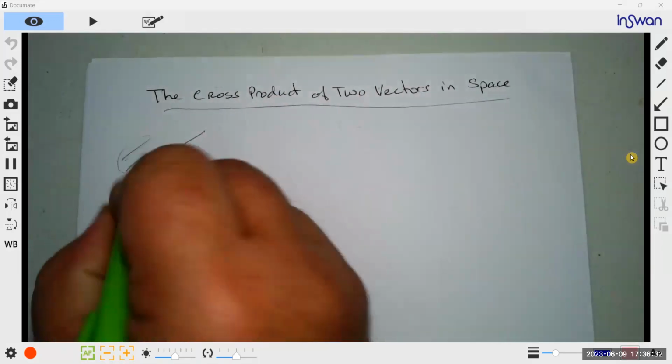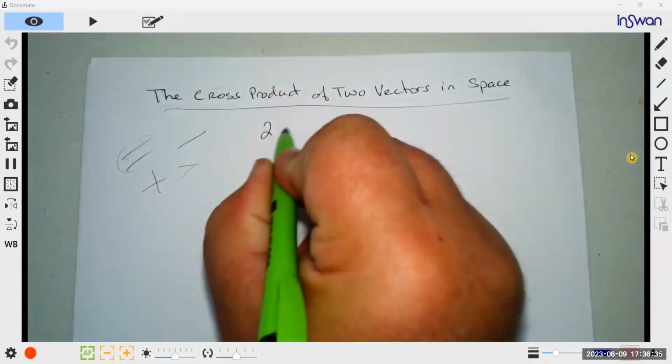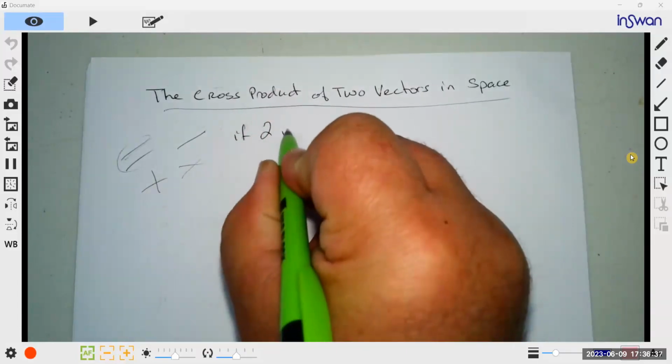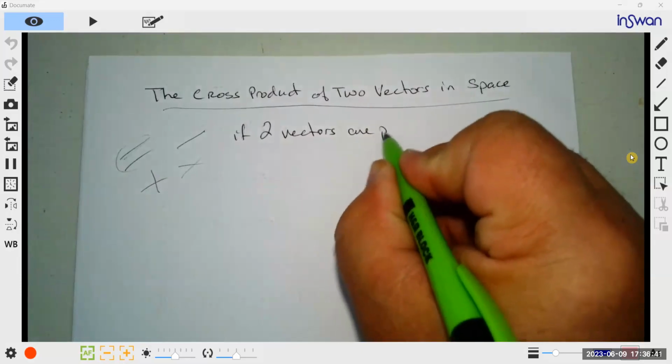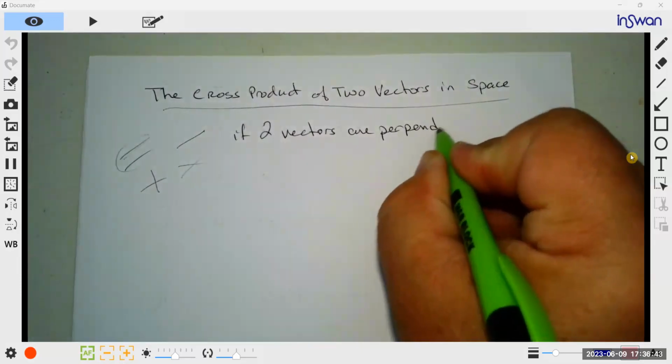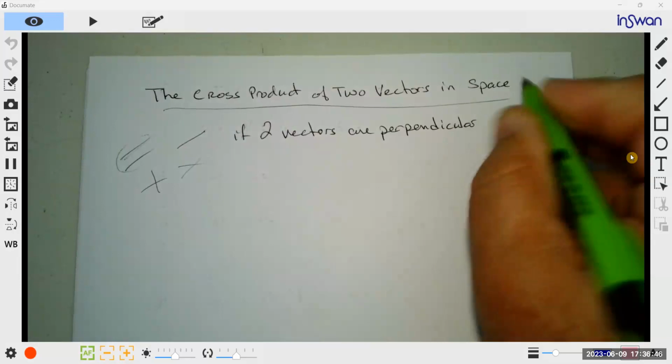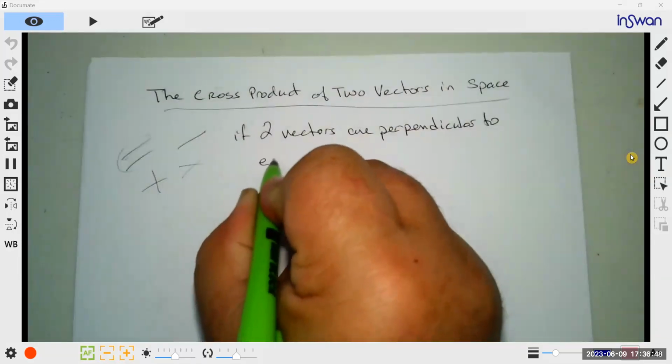So we'll look at if two vectors are perpendicular to each other.